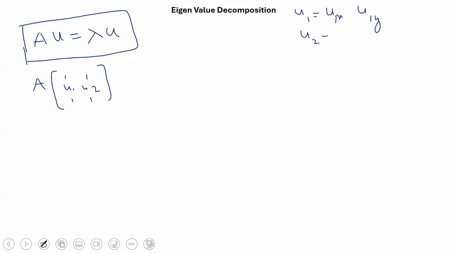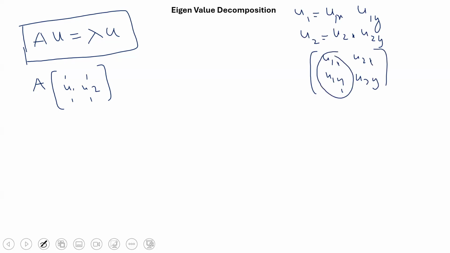The u2 component would be u2x, u2y. So the u matrix would be u1x, u1y, and u2x, u2y in matrix notation. I'm representing this whole thing as this one. That becomes lambda into u1, u2.